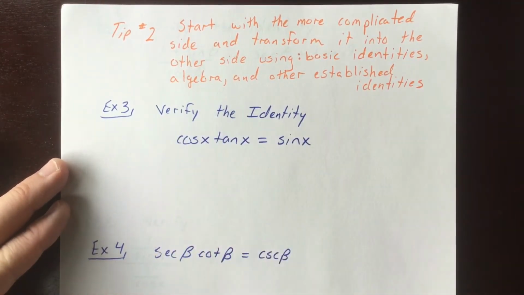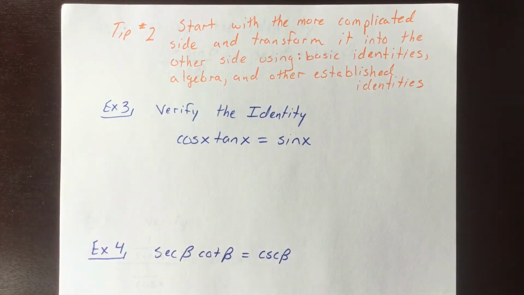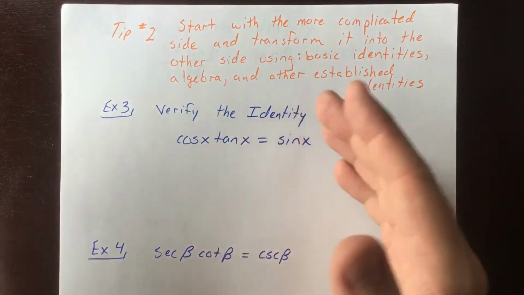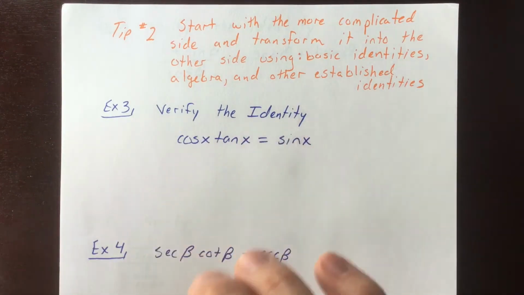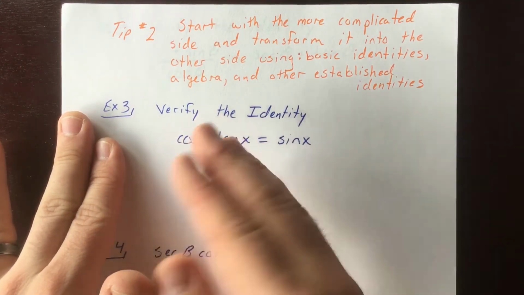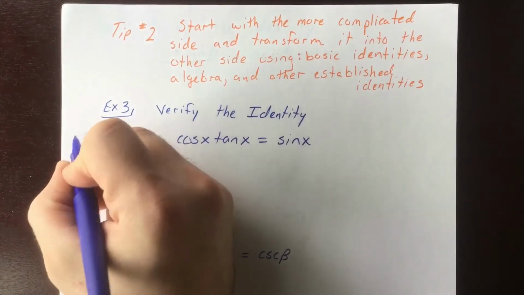So verify the identity. When we verify an identity, that means we know that this is true. Verifying that it's an identity, we want to show that one side simplifies to the other. So we need to show the steps.